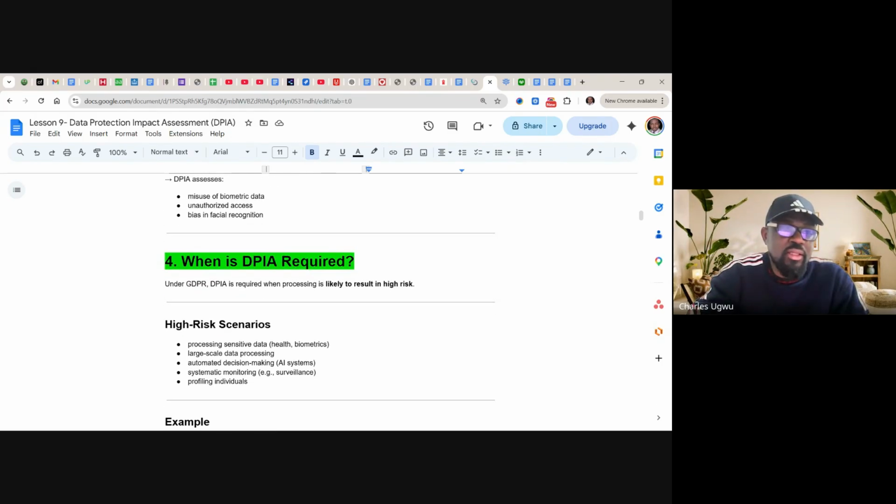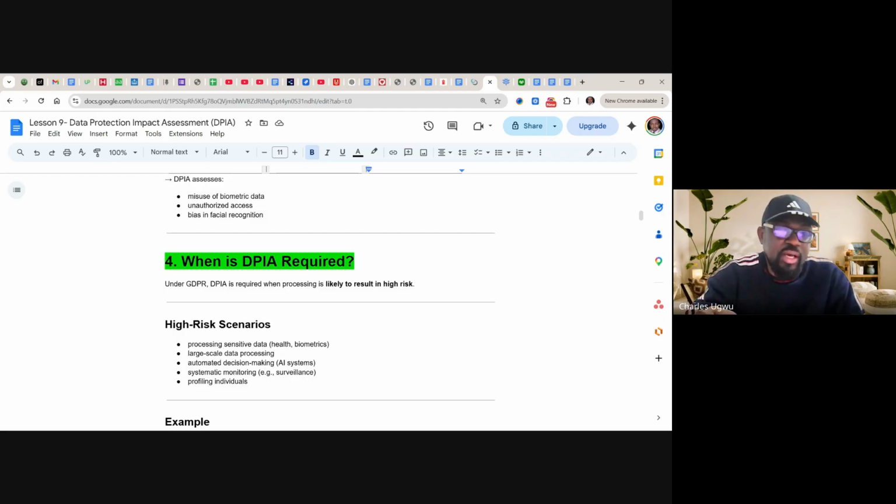So when is data protection impact assessment required? You see, GDPR always places a lot of emphasis on data protection impact assessment, and not only GDPR but others too.